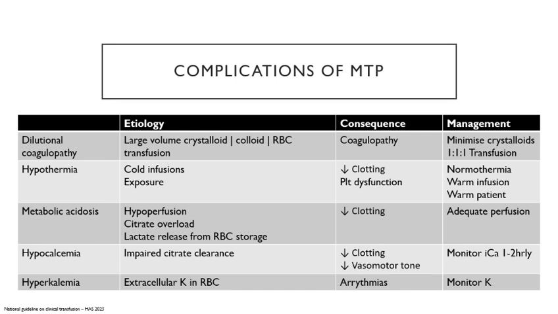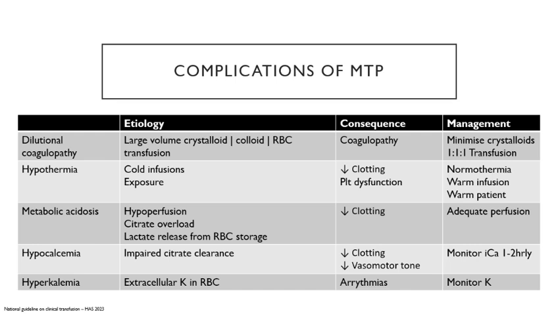This leads to coagulopathy as well as a reduced vasomotor tone. Thus, be wise to monitor ionized calcium 1 to 2 hourly during the massive transfusion. Lastly, hyperkalemia can set in in view of the extracellular potassium in the red blood cells. These can lead to arrhythmias. Thus, it's important to monitor the potassium levels closely.